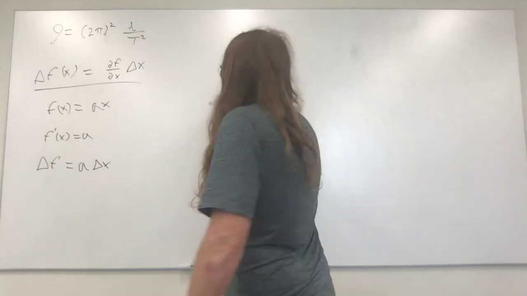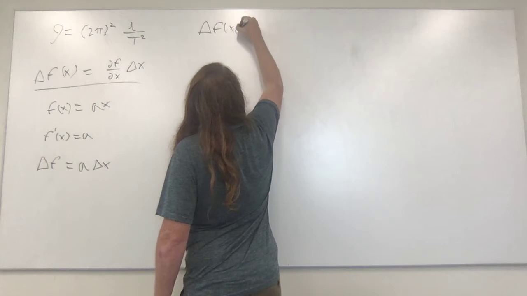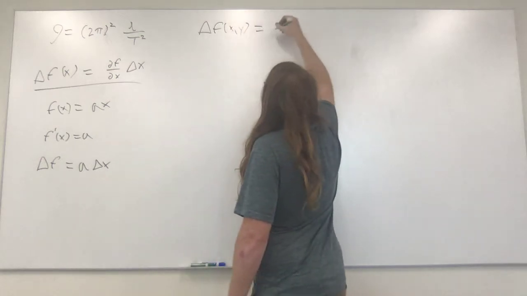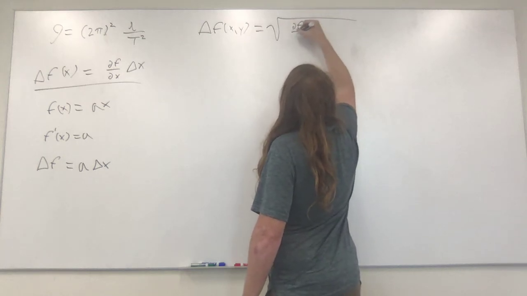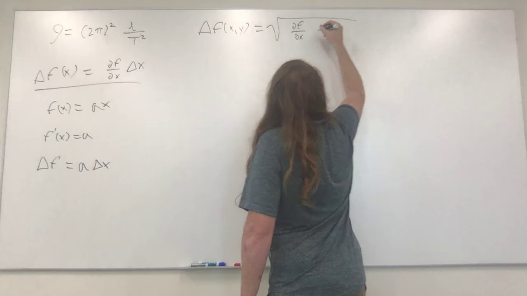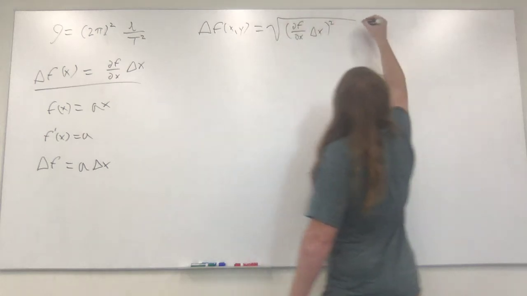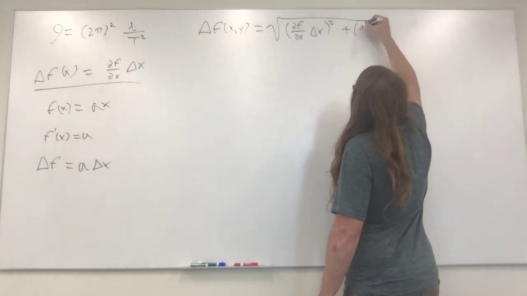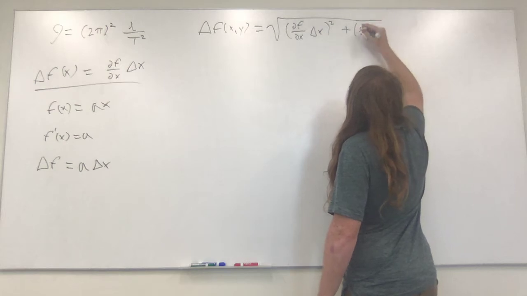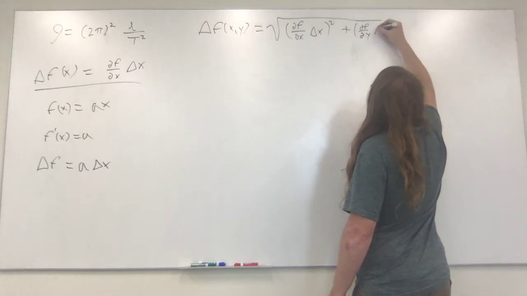And so you get delta f of x and y is just equal to the square root of the derivative of f with respect to x times delta x, that whole thing squared, plus the derivative of f with respect to y times delta y squared.